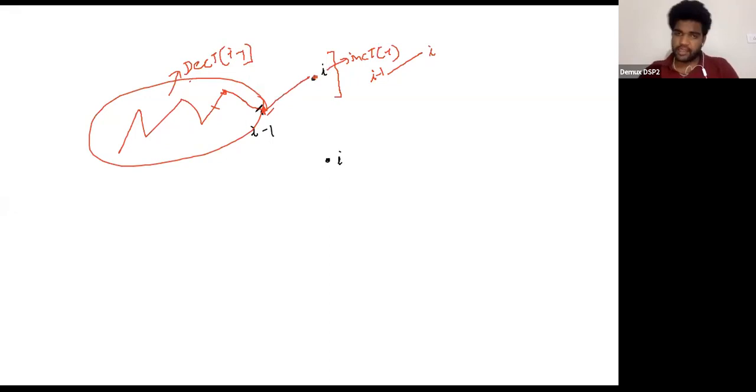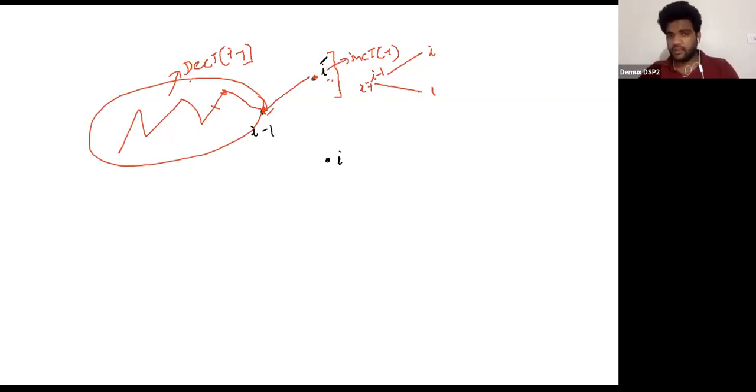And what will be the longest turbulent chain ending at I such that it decreased from I minus 1 to I? For this case, you will not have anything, right? Because inherently I is greater than I minus 1. So you cannot have any chain which ends at I and decreases from I minus 1 to I, right?